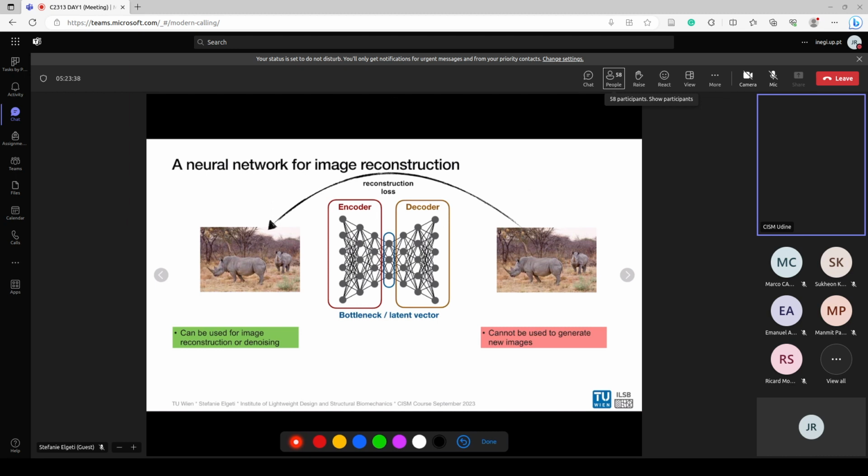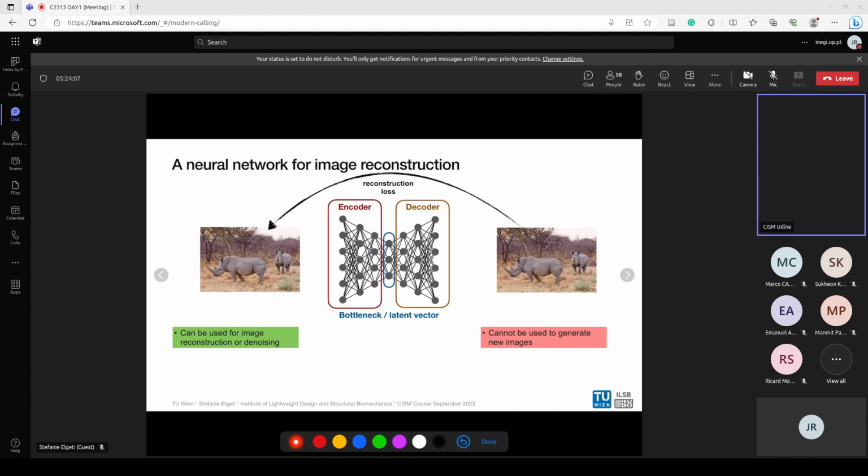However, they cannot be used to generate new images. So if you have a bunch of images of rhinos and cats and dogs and I don't know, and you take the latent vector that produces the rhino, then it will give you the rhino. But if you take something that is in between a rhino and a cat, you will not get some merging of a rhino cat, but you will just get something very random.